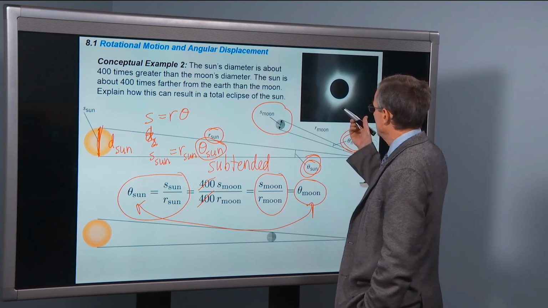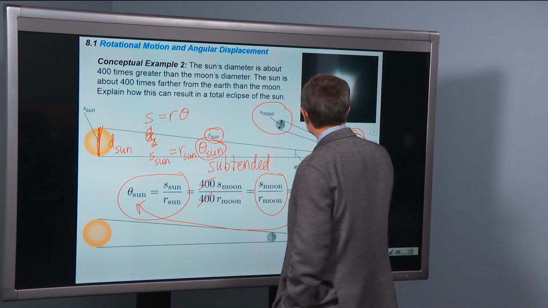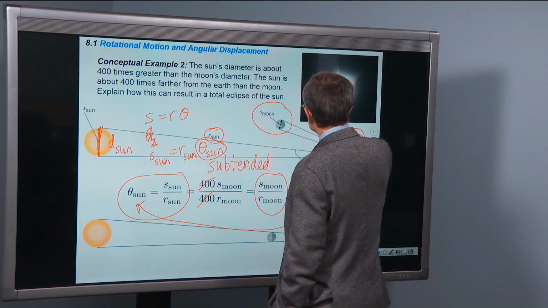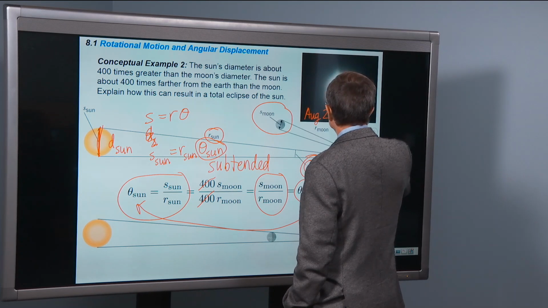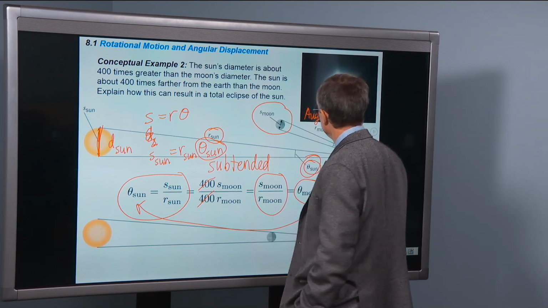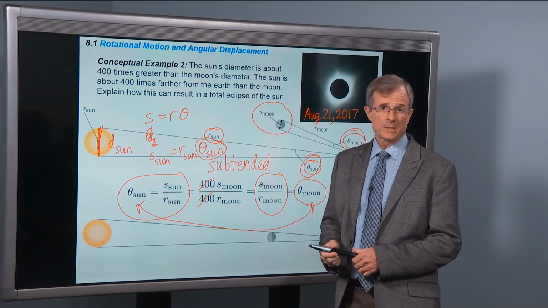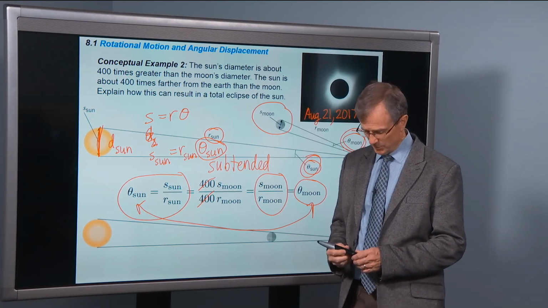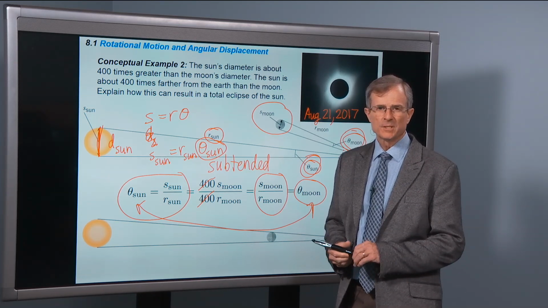This was a photograph taken by my brother-in-law's brother on August 21st, 2017, up in Idaho. For those of you that were able to witness that total solar eclipse, it was one of the most amazing, moving experiences of my life.